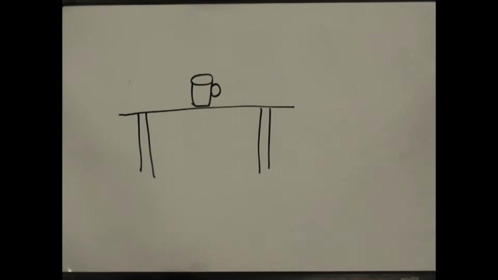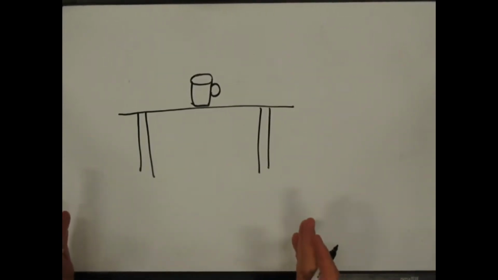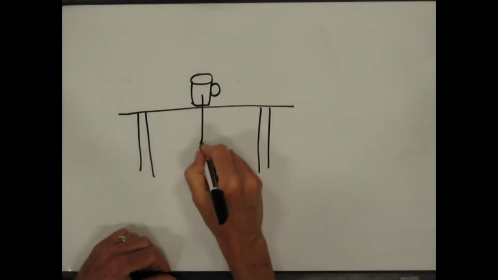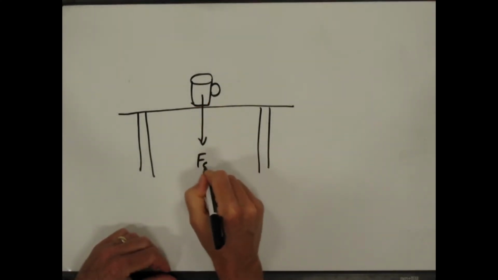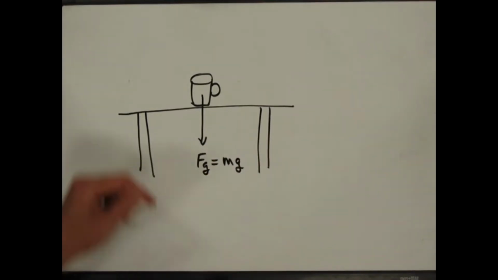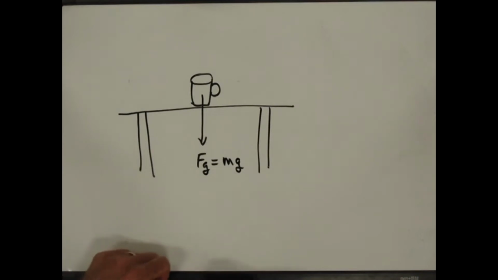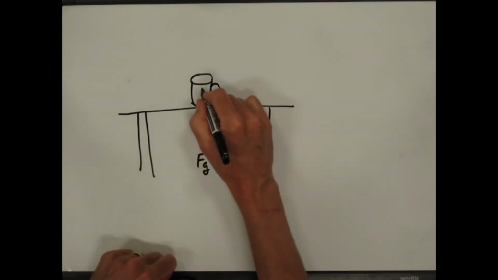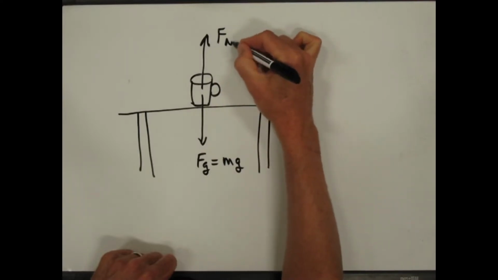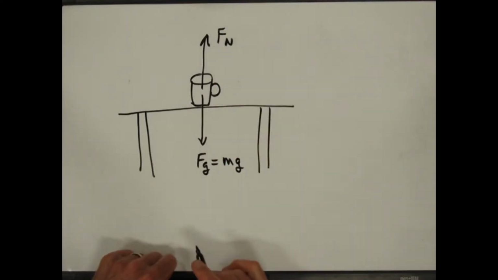So let's look at the forces on this cup and talk about what their equal and opposite pairs are. We already said that there's a force of gravity acting on the cup, and that's equal to the mass times the gravity, and it's acting in the downward direction. And then we said there's actually a force called the normal force, which is pushing upward on the cup.